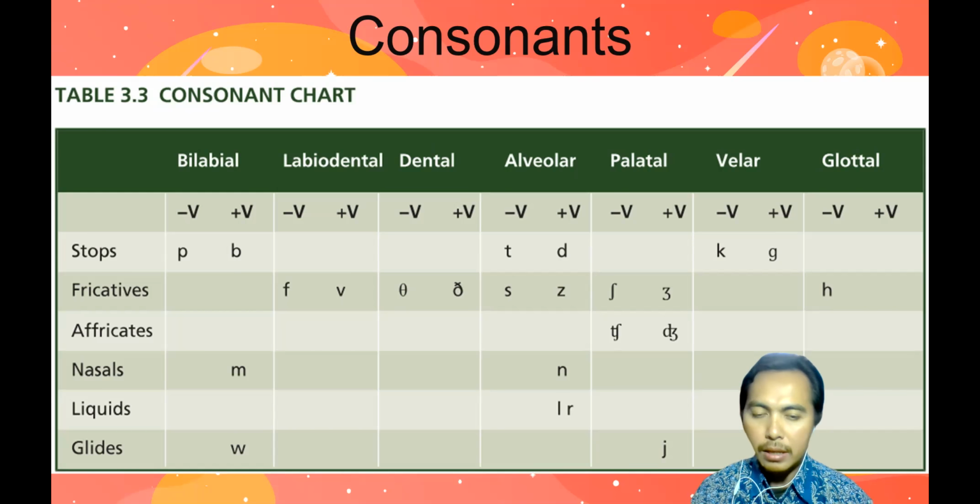If you have a problem understanding the chart, you can try to separate first the sounds which you are familiar with, like p and b, and the other sounds which you think you are not quite familiar with, like the voiced and voiceless dental fricatives, th and the.